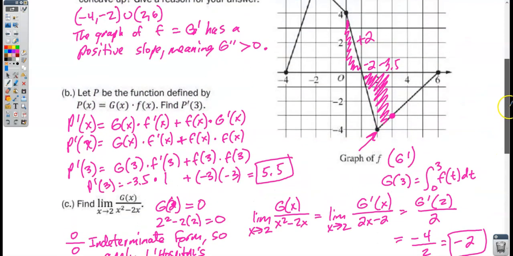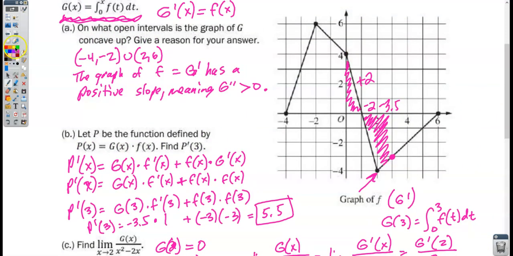G of negative 4 we need to calculate, and that is going to be based off of the area under here. But all of that area, I scribbled a little far to the right there, from 0 to 4, since we're accumulating backwards, is going to be negative area. But let's see what we've got here. We've got a rectangle down here with an area of 8.